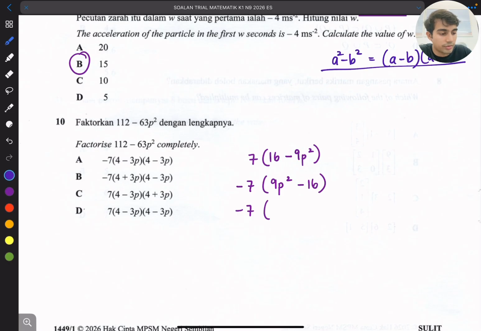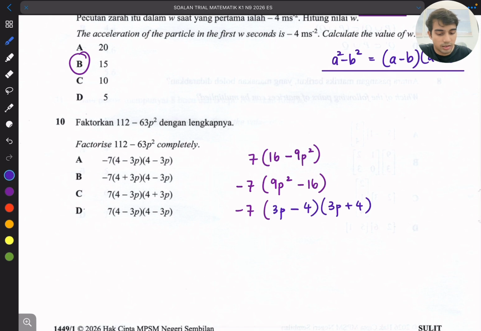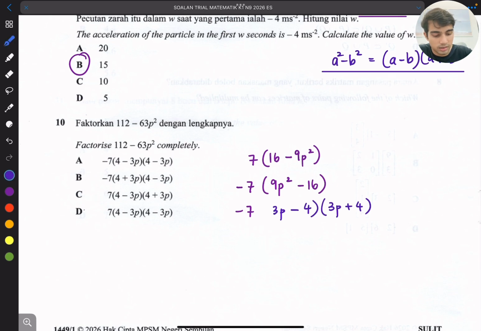This is the special factorization where you have perfect squares on both sides and minus in between, which is what we have. So 9p square will be 3p, 16 will be 4. Okay, you square root it. And 3p plus 4. Okay, this is how to factorize it. Right. This is the special factorization. Okay, then let's find the answer.